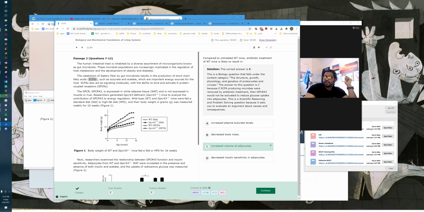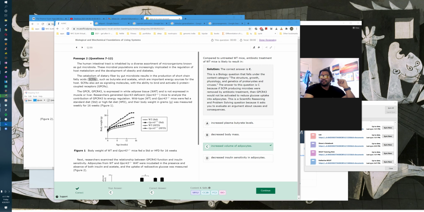So the mutant ones, the GPCR 43 negative, are the ones that don't have the GPCR, and they both had higher body weight compared to the wild type, which had the GPCR.